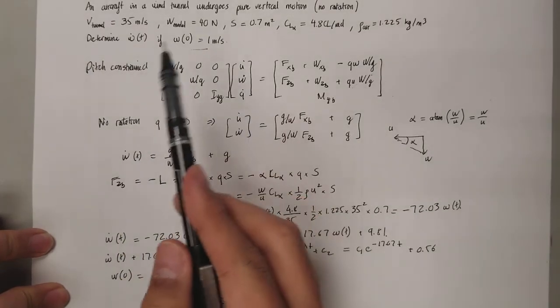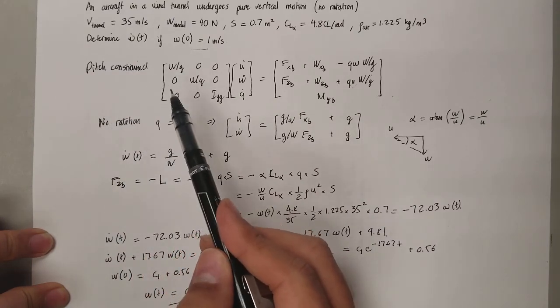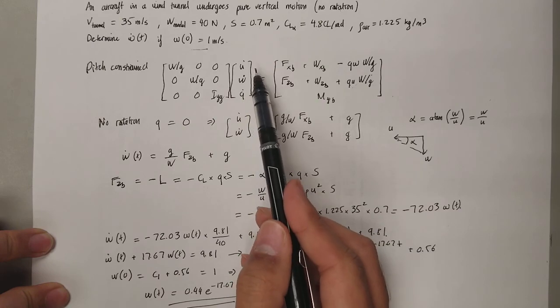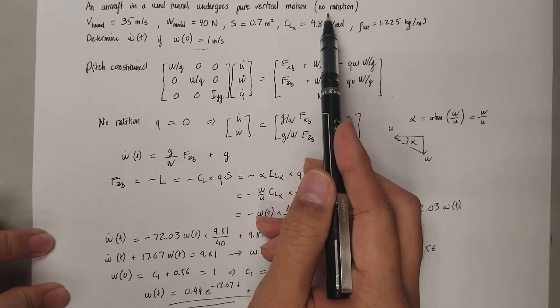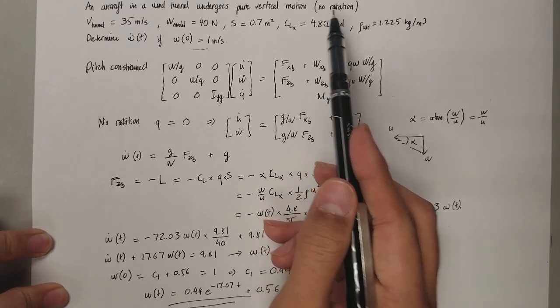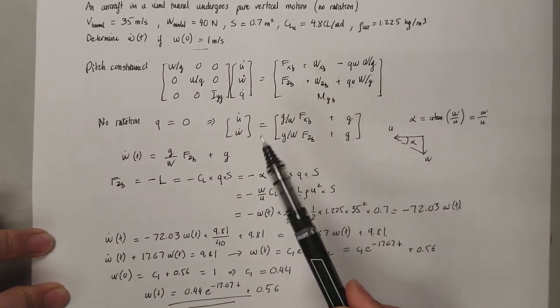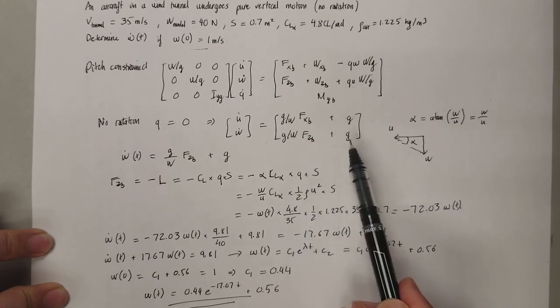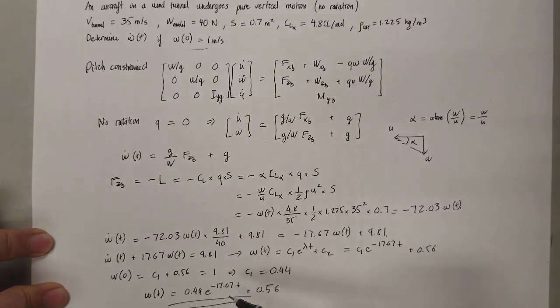You first need to determine what constraint in motion the aircraft has. Then you can write out the system of equations and apply the givens in the problem, like no rotation or pitch constraint and so on, in order to simplify that system of equations. From that point, you should be able to solve for a particular motion of an aircraft using the knowledge learned during this class and previous classes.